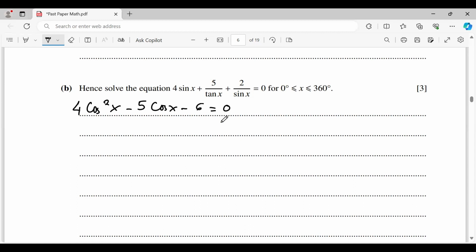Right, so if x equals cosine x, this equation becomes 4x squared minus 5x minus 6 equals 0. And after that, factorize.